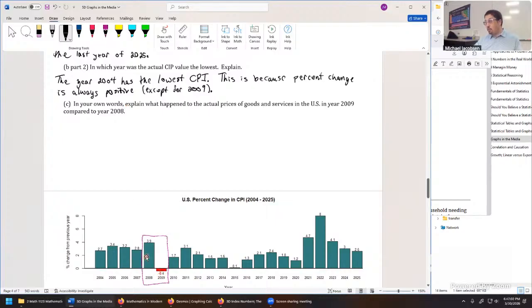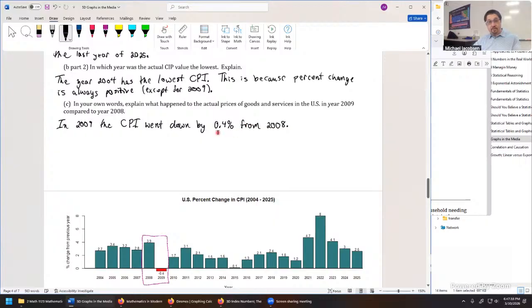The percents are from one year to the very next. So we can say what happened in 2009: the CPI went down by 0.4% from 2008.